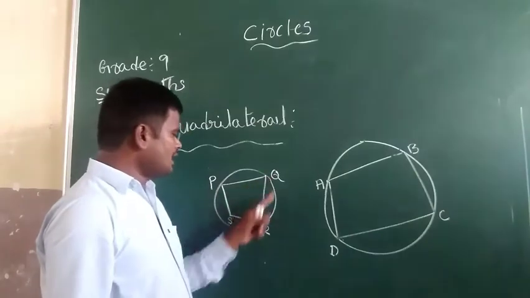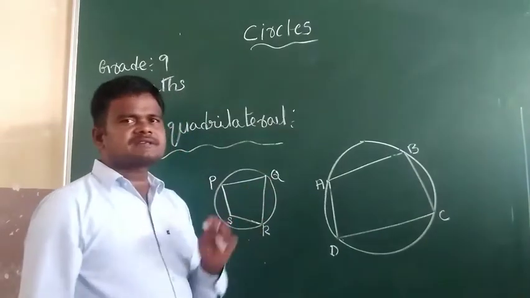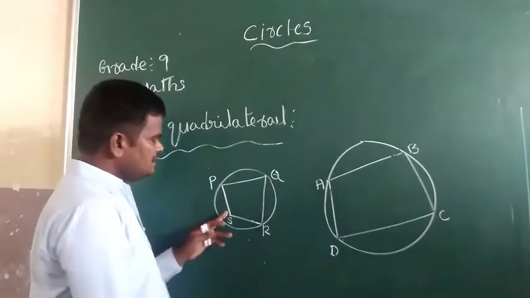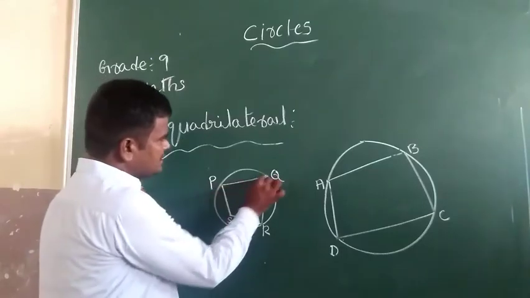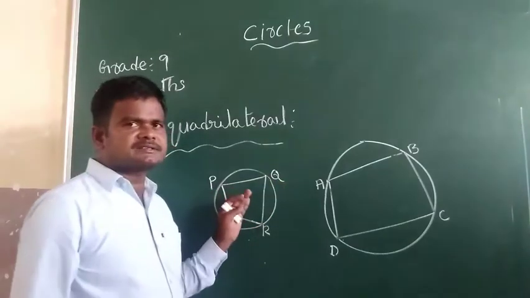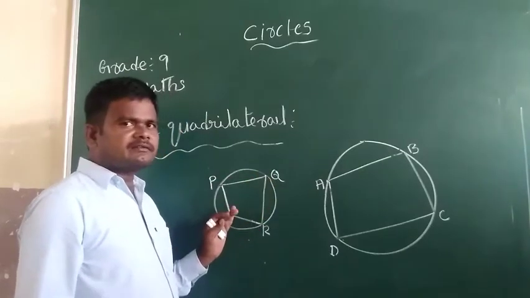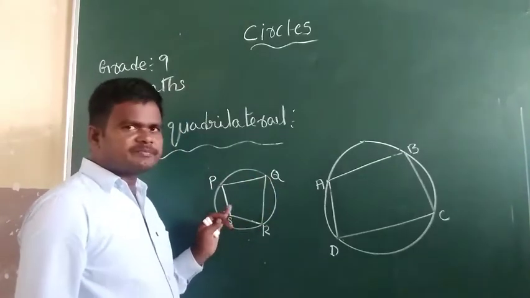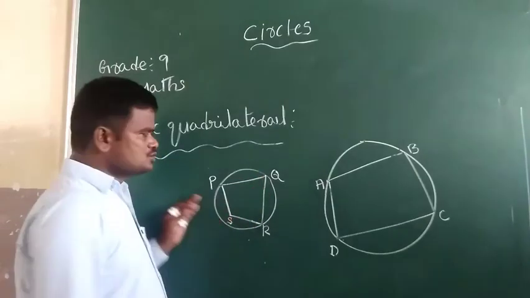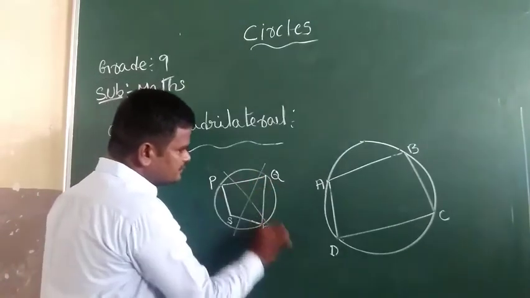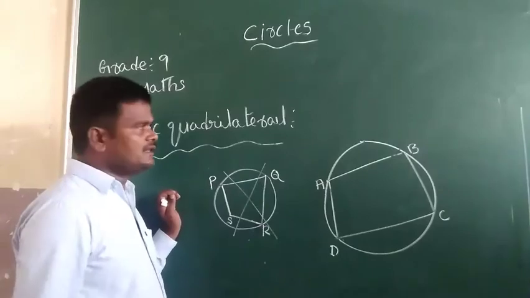So PQRS is not a cyclic quadrilateral. Here P, Q, R lie on the circle, but the vertex S is inside the circle. So it is not a cyclic quadrilateral.